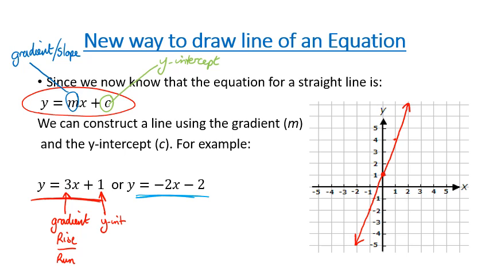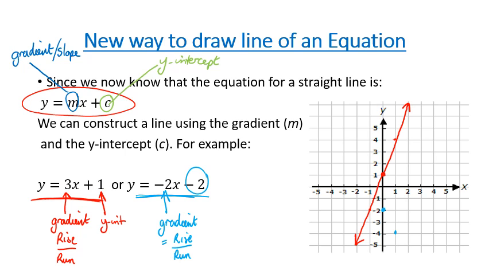The y-intercept is -2. So I know that my graph is going to be crossing over at -2, and I know my gradient is -2. Now the gradient is the rise over the run again, or the vertical displacement over the horizontal displacement. So if it's going to be -2, I just need to go down 2 this time and across 1.